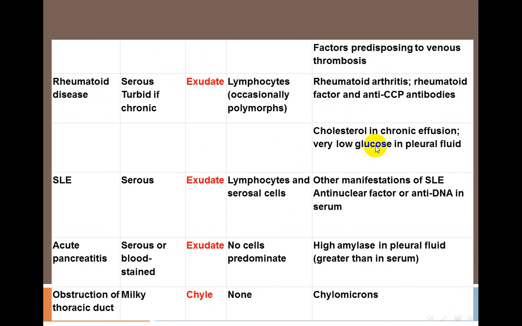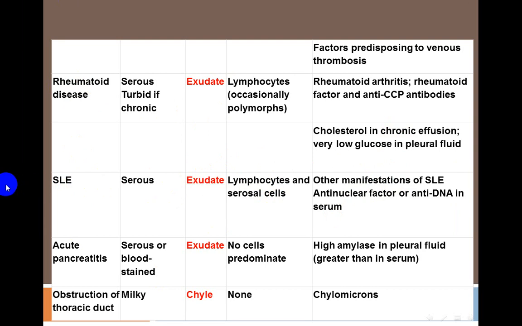We find cholesterol in the chronic effusion due to rheumatoid arthritis. Systemic lupus erythematosus, SLE, is exudative with predominant lymphocytes, and anti-double-stranded DNA antibody and antinuclear antibody positive help to diagnose SLE.